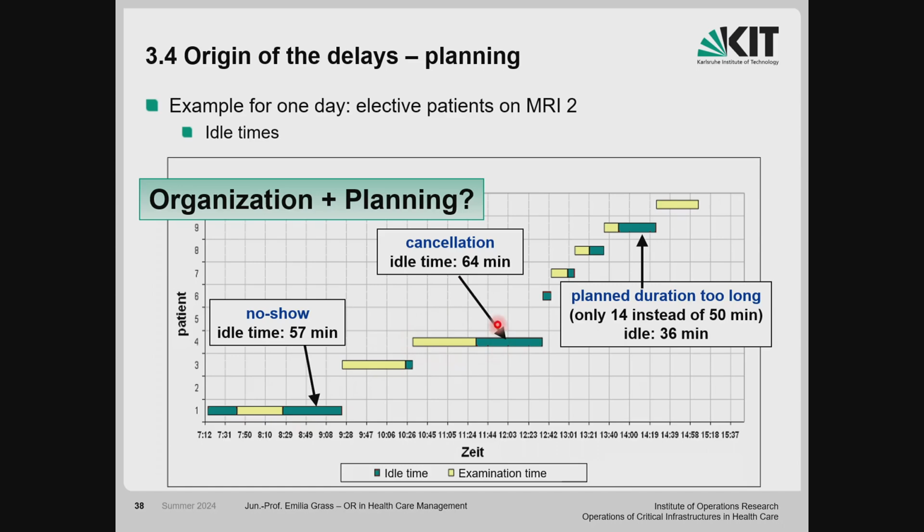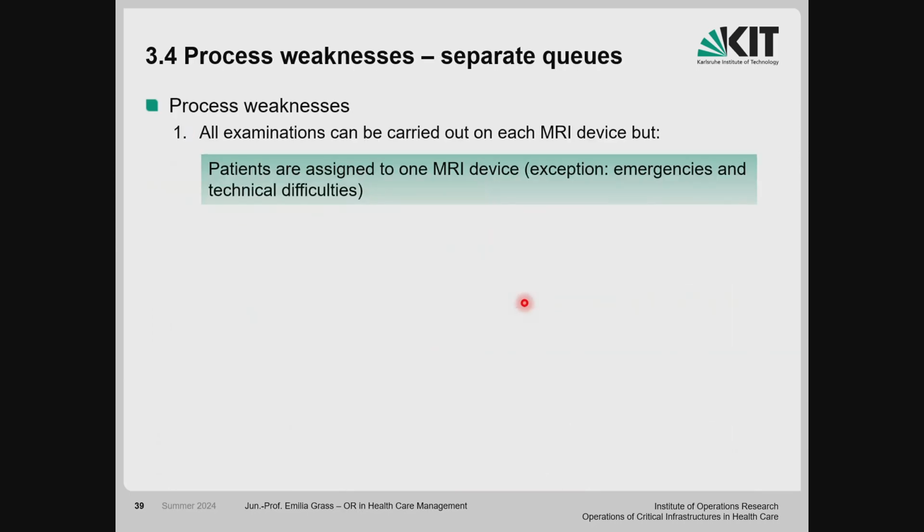Here, the planned duration was longer than the actual treatment, so we had an idle time of more than half an hour. So the planned duration is longer than the actual time, we have no-shows, but still we could adjust the planning. Here it's not done. We could have some kind of cancellation. So at the end we have many and long idle times.